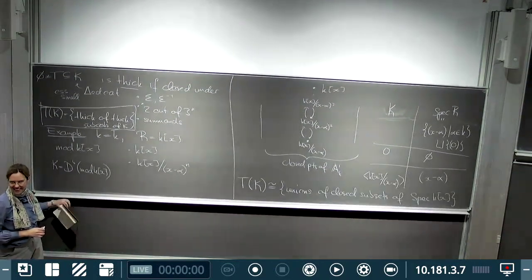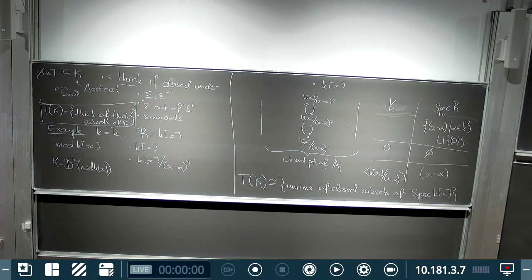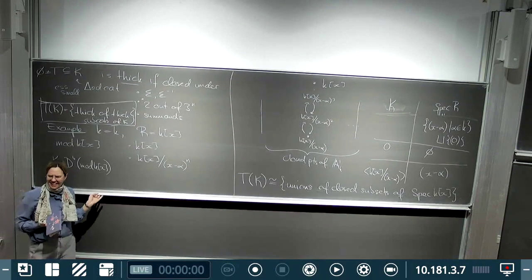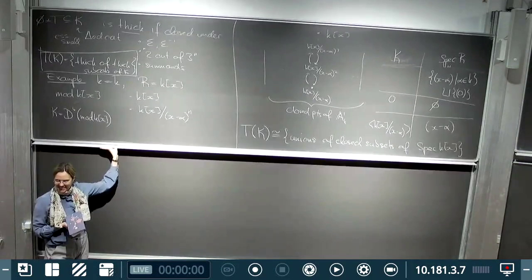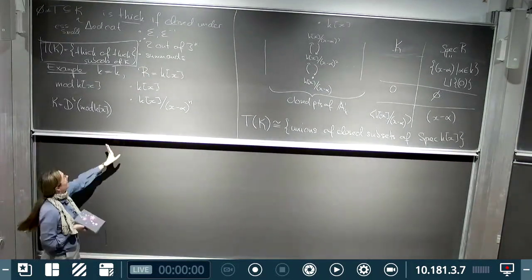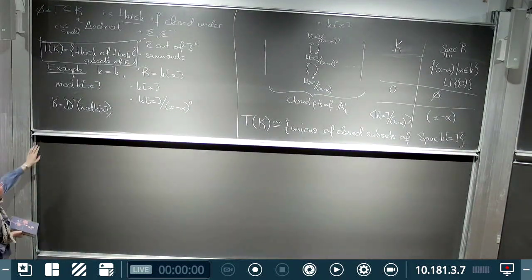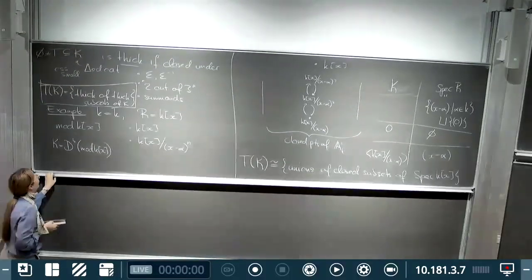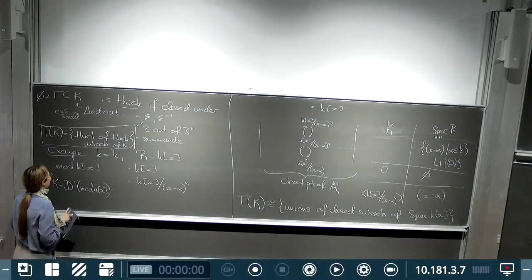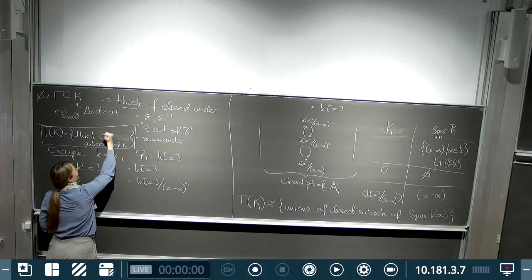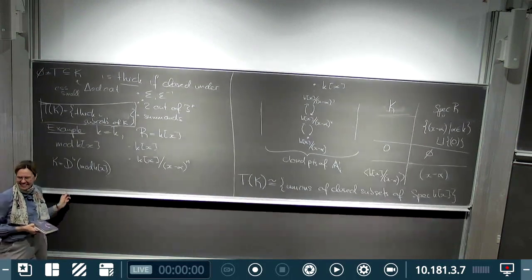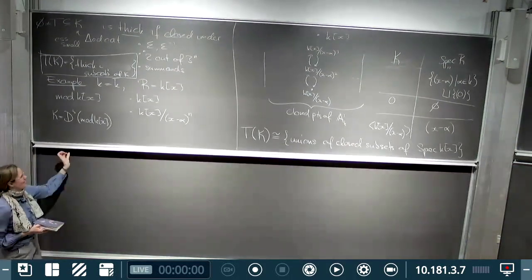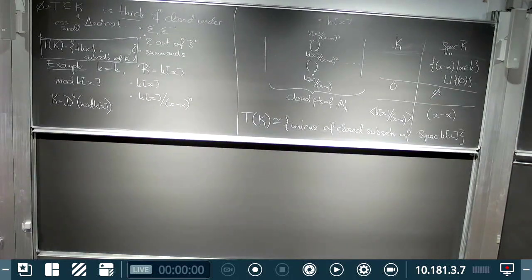Well, I'm saying set because I haven't shown you it's a lattice yet. Okay. No, it is the lattice of thick subcategories. Yes, you didn't write set, you wrote something else. Oh. What have I done? Okay, I'm sorry. I understand the confusion. That's very weird. Okay, good.